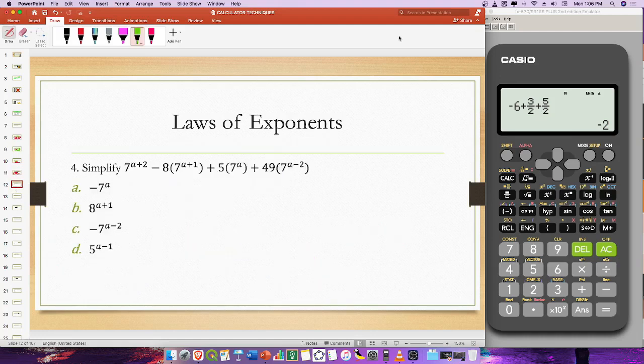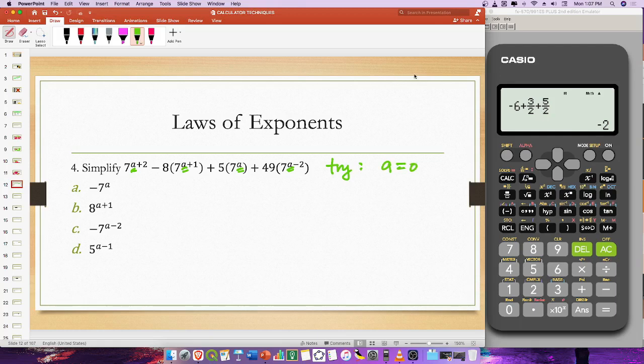Now let's solve another one, the laws of exponents. So this time we are going to simplify this one. Simplifying this is really easy. If you substitute a value, if you change the value of a into something real, for example, let's try a equals 0.